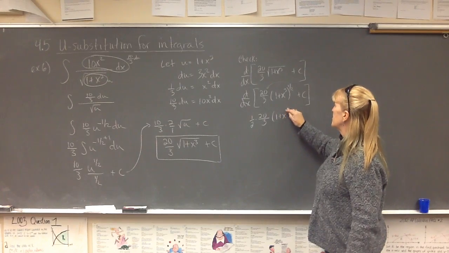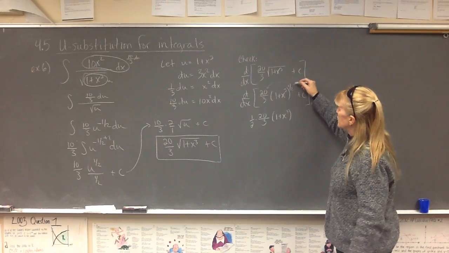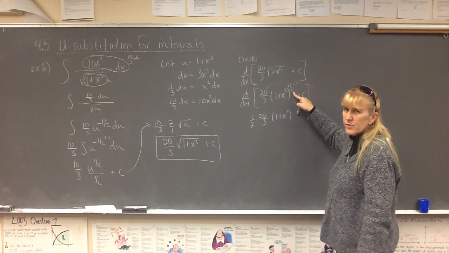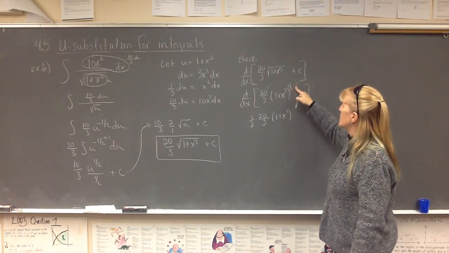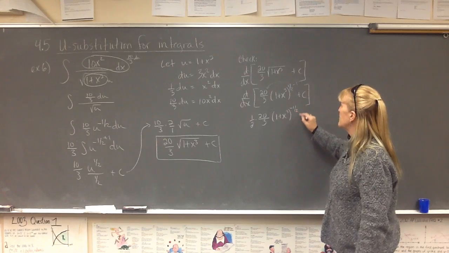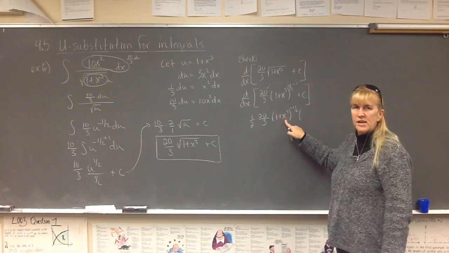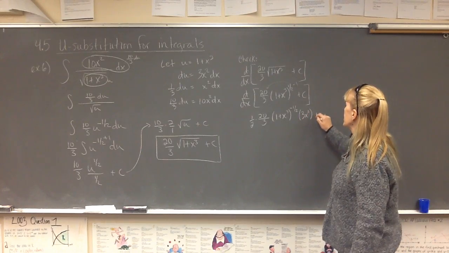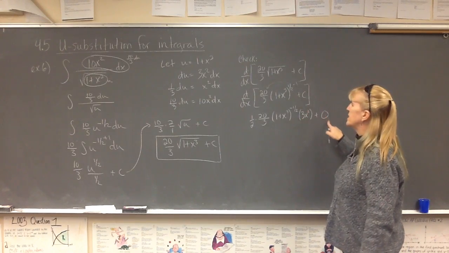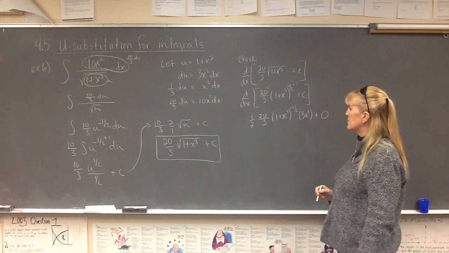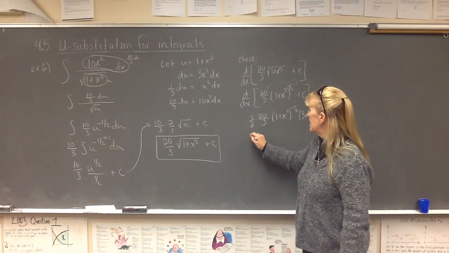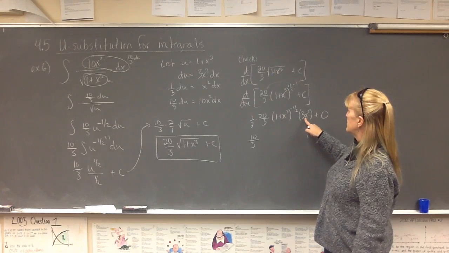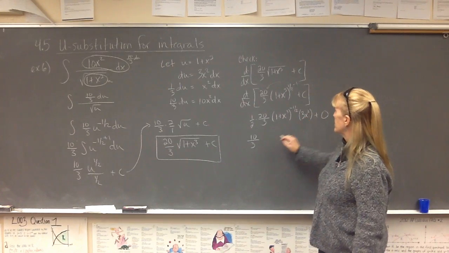1 plus x cubed. I need to now subtract 1 from my exponent to take a derivative. Derivative always knocks the exponent down by 1. 1/2 minus 1 is a negative 1/2. Chase this with the chain rule of my inside function, which is 3x squared. And then plus 0, because the derivative of any constant is 0. This is going to give me 10 over 3. The 3x squared is going to stay on my numerator.